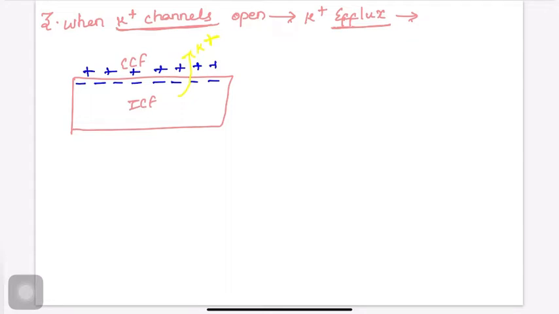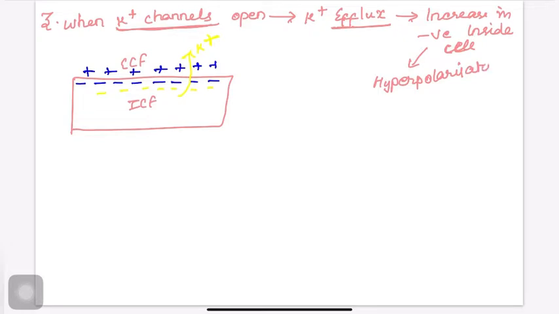So what happens to the negativity inside the cell? It will increase, right? As positive charges go outside, the negativity increases. What does an increase in negativity inside the cell mean? It causes hyperpolarization. When potassium channels open, there will be hyperpolarization.